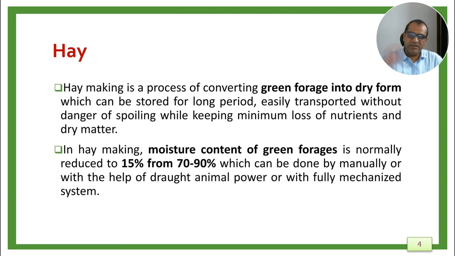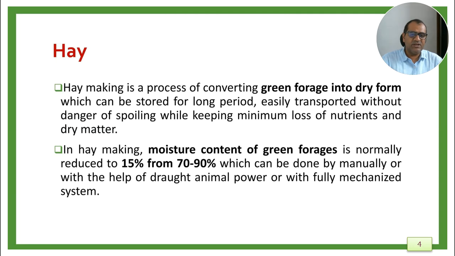In hay making, the moisture content of the green forage, which is normally 70 to 90% in green grass, should be reduced to 15%, whereas in case of silage it should be within 65 to 70%.